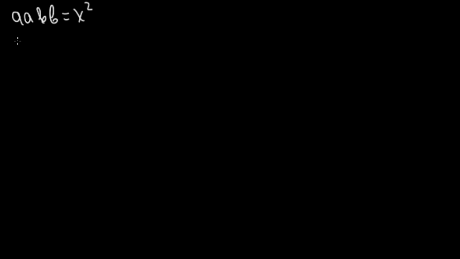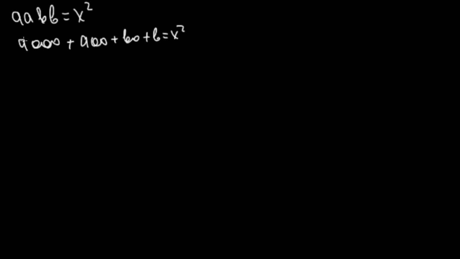We need to be careful that here is not multiplication between the digits. That's why let us rewrite this number as a sum: 1000a plus 100a plus 10b plus b is equal to x squared.